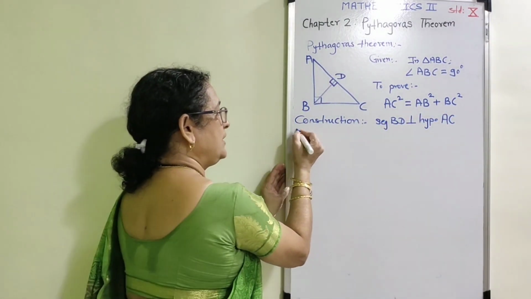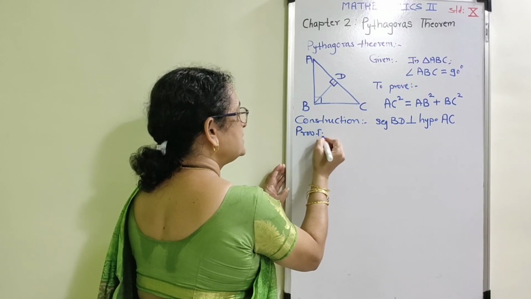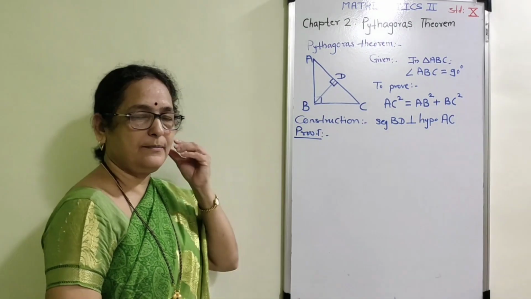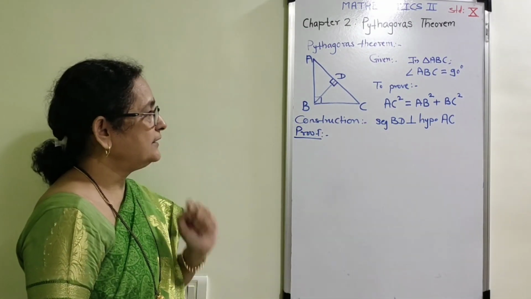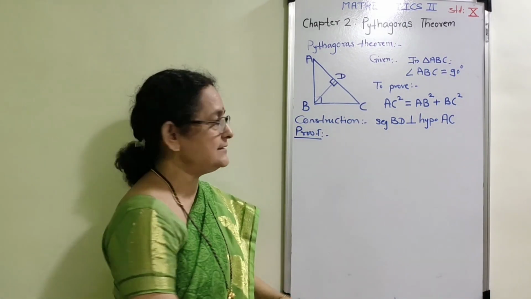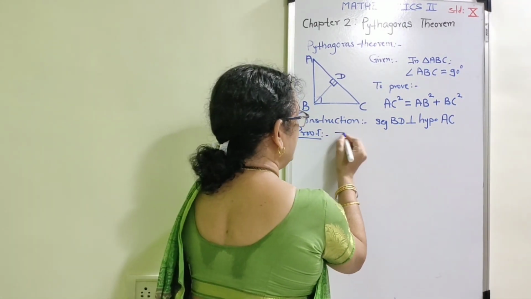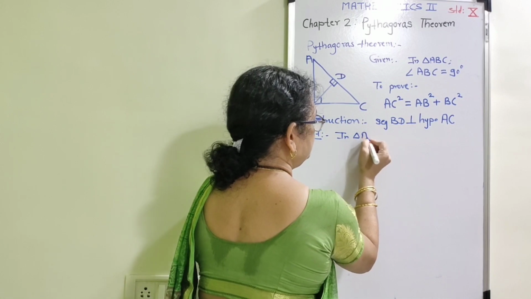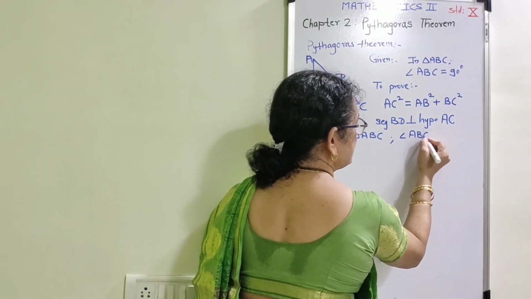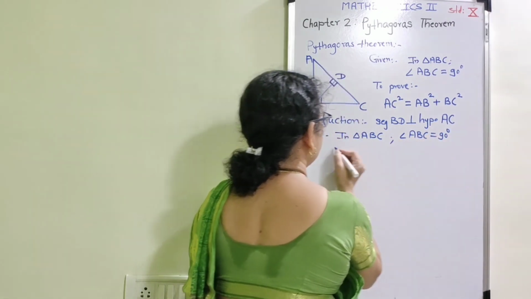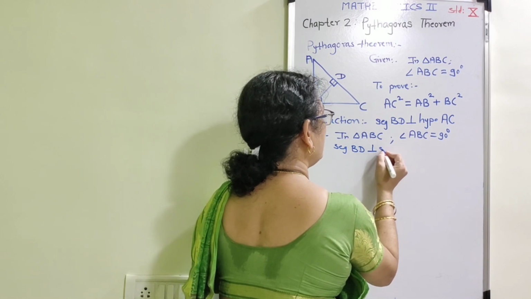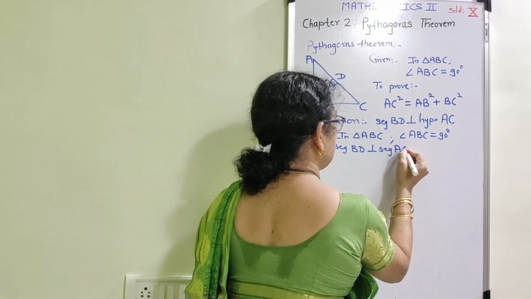Now, in the proof, we are going to prove the statement of Pythagoras theorem, and here we are using the property of similarity in right angle triangles. That's why I am going to write: in triangle ABC, angle ABC is 90 degrees, as well as segment BD is perpendicular on segment AC.